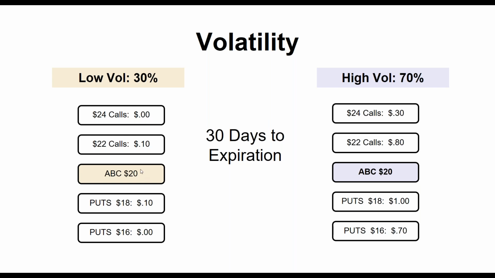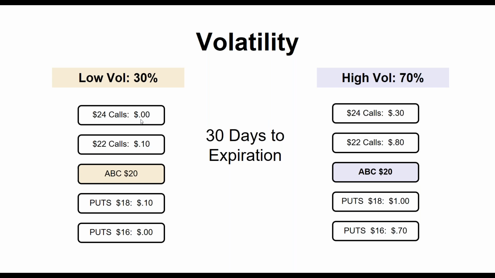So this is just saying, hey, if you want to buy 1,000 shares of stock at 22, it's going to cost you $100. If you want to buy 1,000 shares of stock at 24, you can't really do that. There's no market there. It's worthless. The market is saying that this stock has basically no chance to trade above 24.